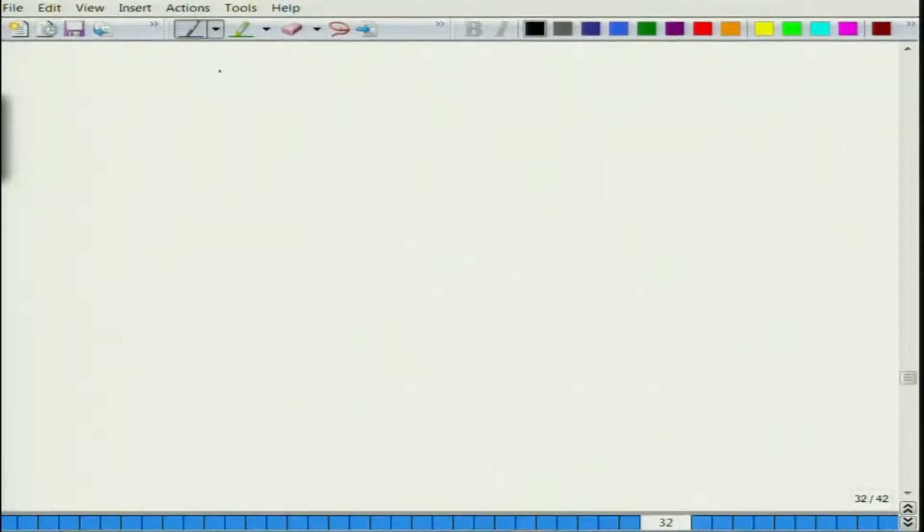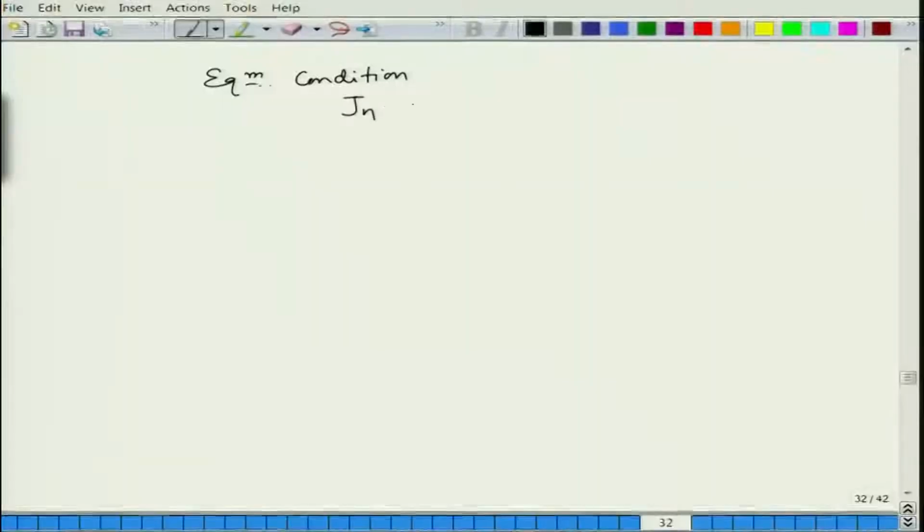Now, under equilibrium condition there should not be any net motion, isn't it. So, we can write Jn will be 0, okay. No electron should in effective way move.